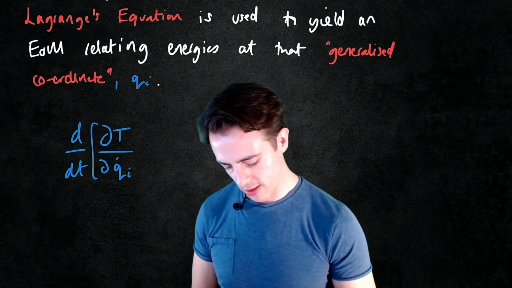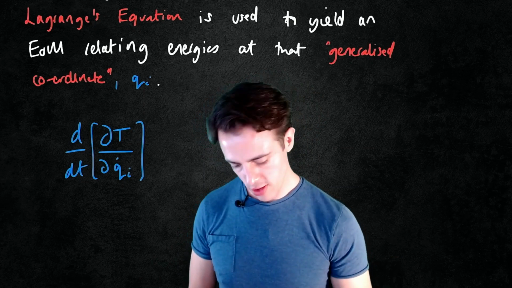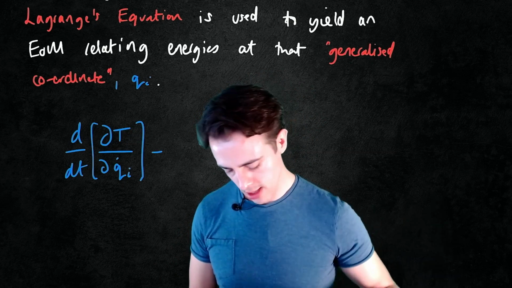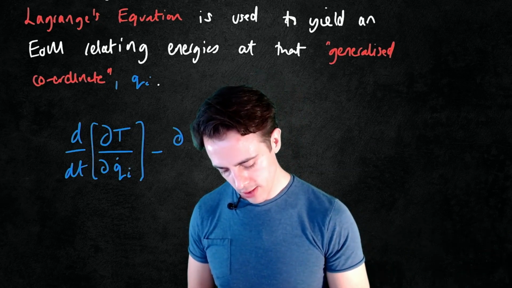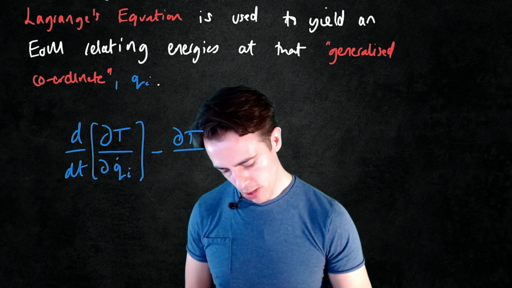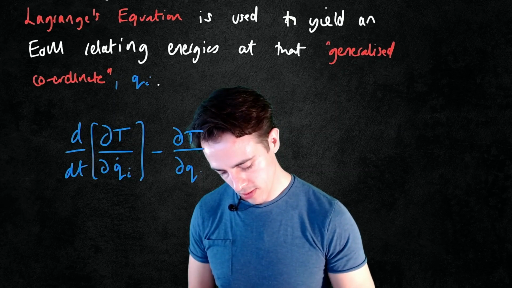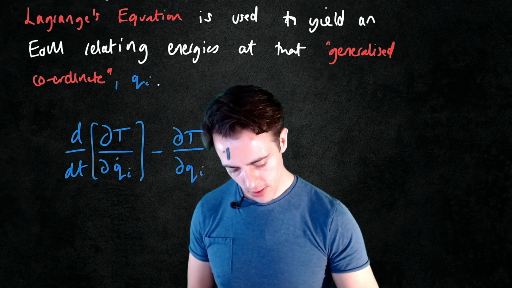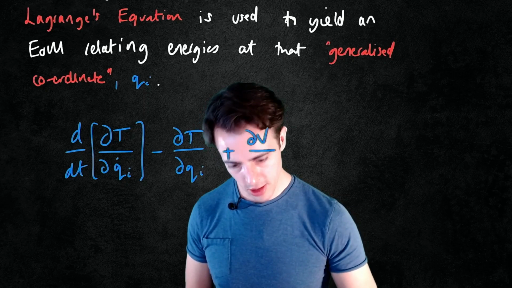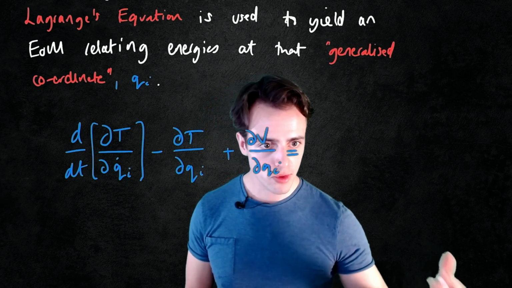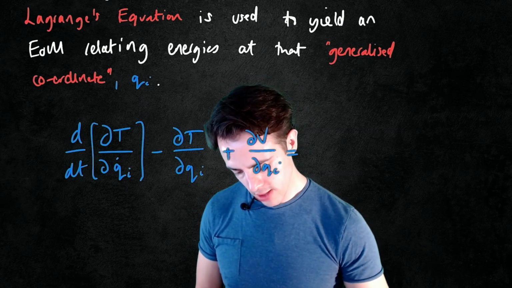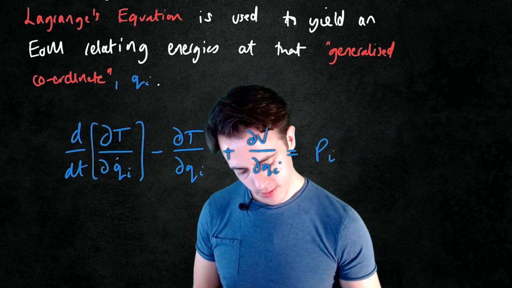This will all make more sense as we go through, but we're just going to use this equation today to see how we can use it to build up these equations of motion. Minus the partial derivative of the kinetic energy with respect to that coordinate, plus the partial derivative of the potential energy with respect to that coordinate. And that's going to be equal to these non-conservative aerodynamic forces on the right-hand side.